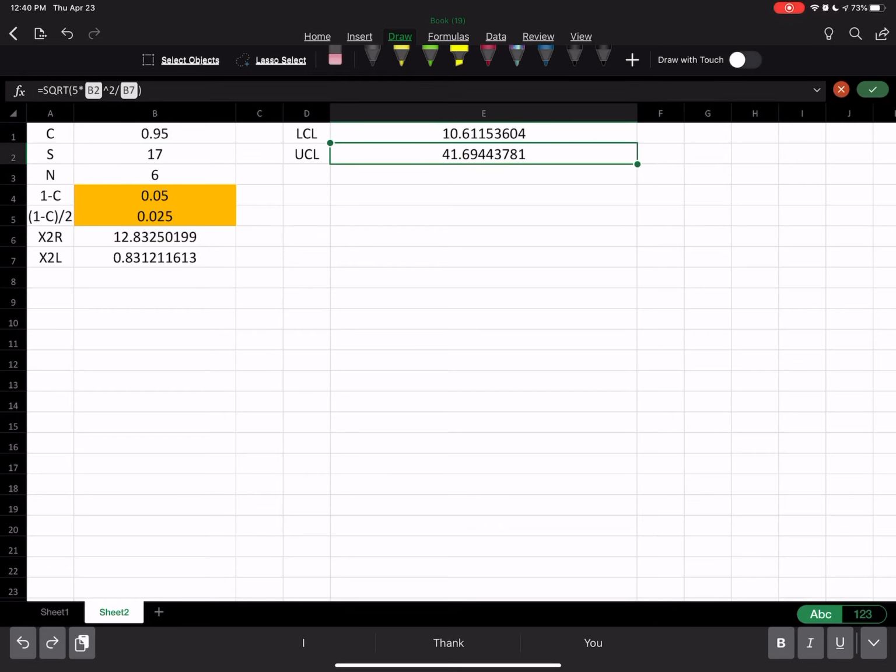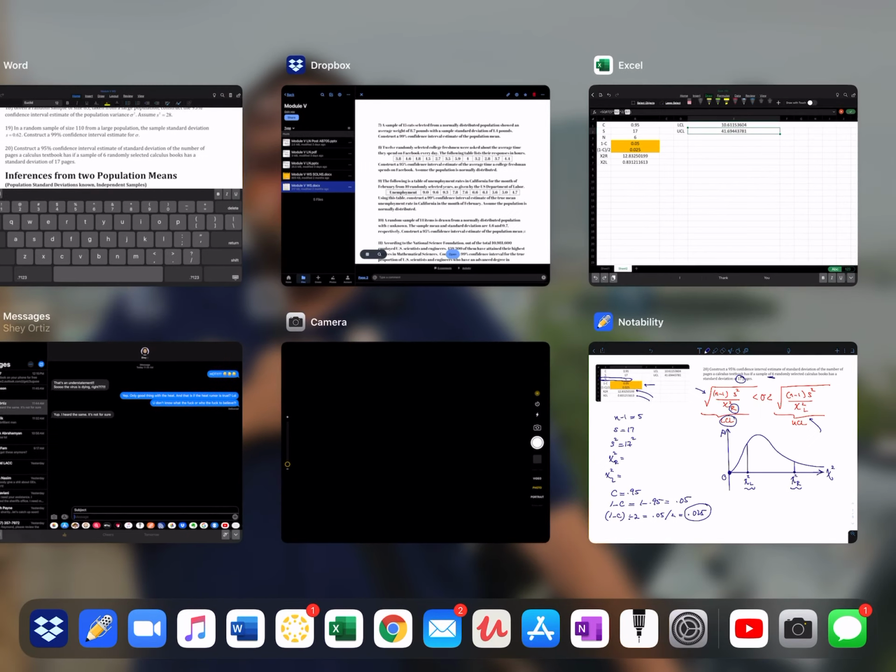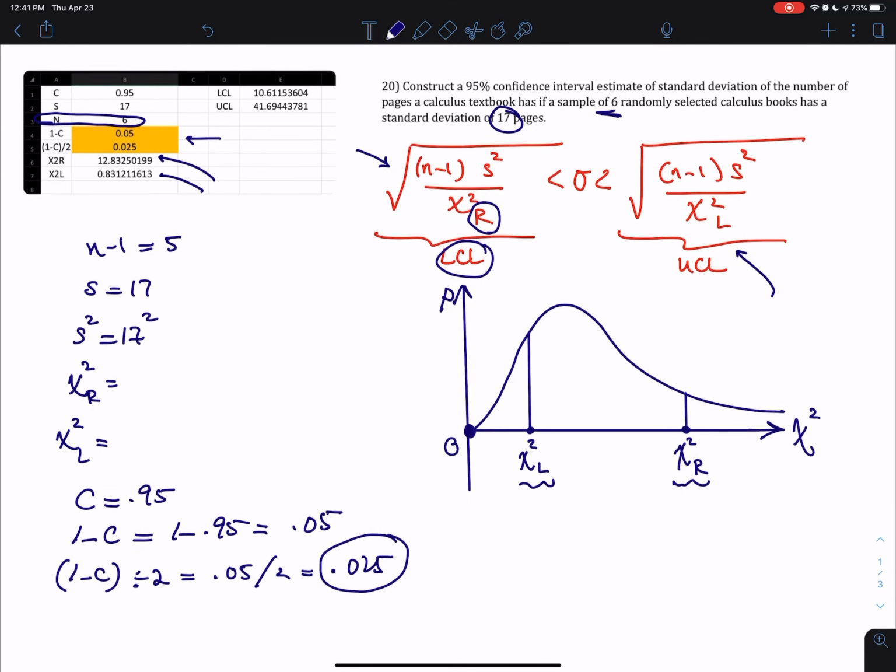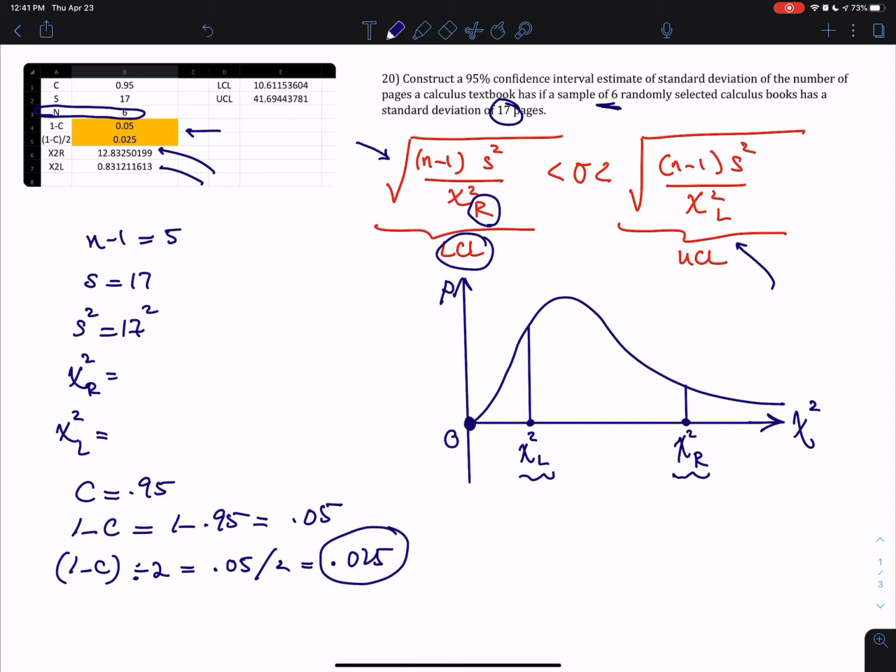Let me go back to my Notability lecture, and let's just continue writing that for you. So you've seen the commands for chi-square left, chi-square right. So this will be 12.83250199.